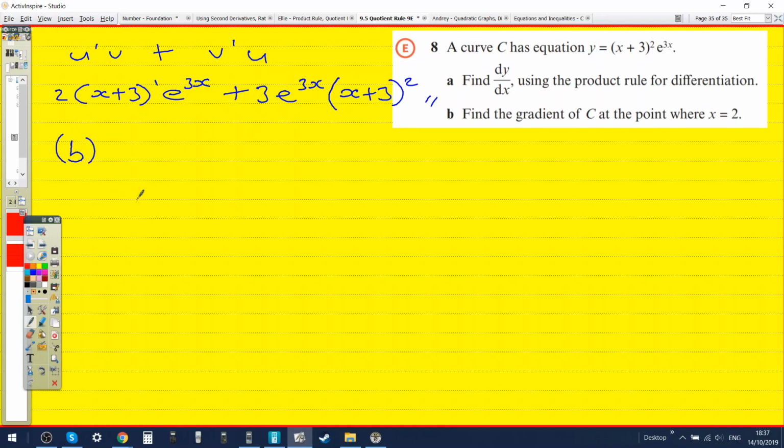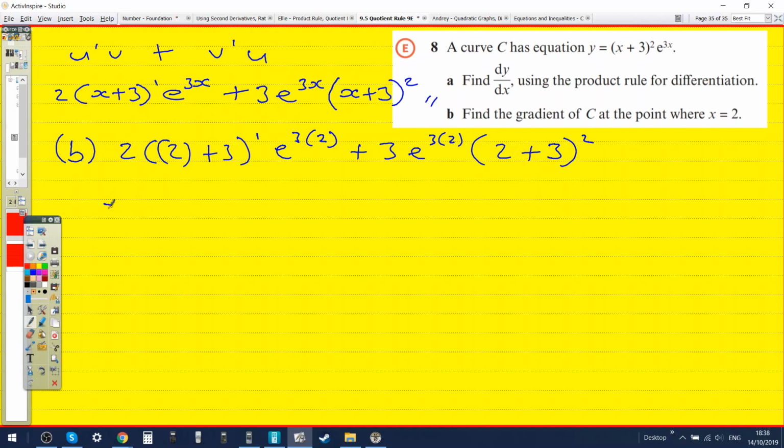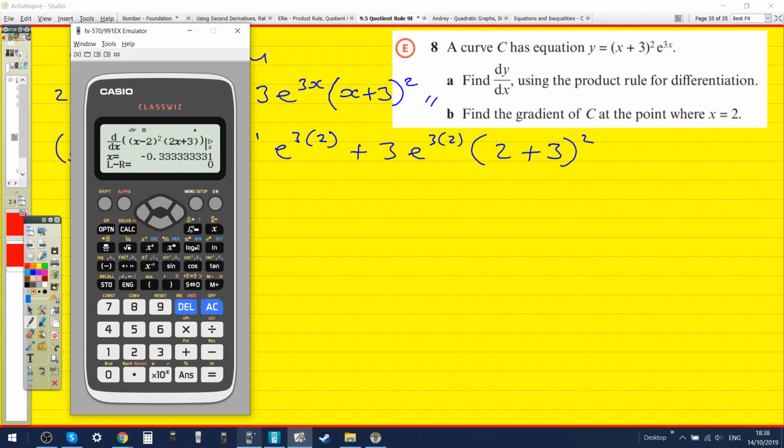Okay, part B. Wherever you have an x, sub in a 2 in a bracket and get your answer. And then you can always verify it with your calculator. You could put that whole mess into your calculator.